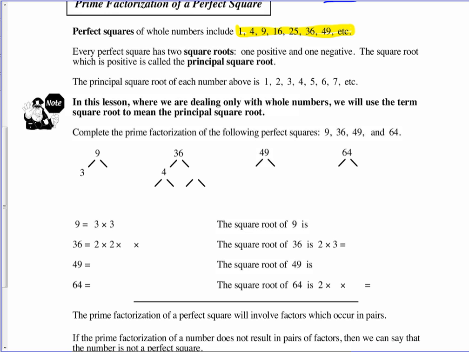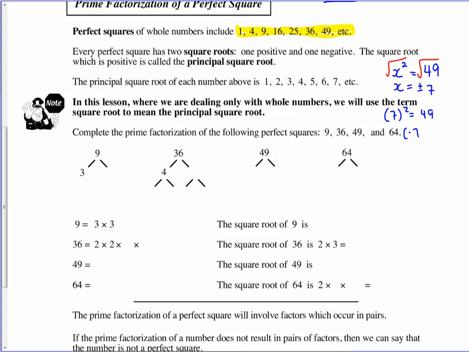So if I had x squared equals 49, there are 2 answers. There are 2 numbers that when you square them will give you positive 49. If I square root both sides, it's going to give me plus or minus 7, because 7 squared would give you 49, but so would negative 7.